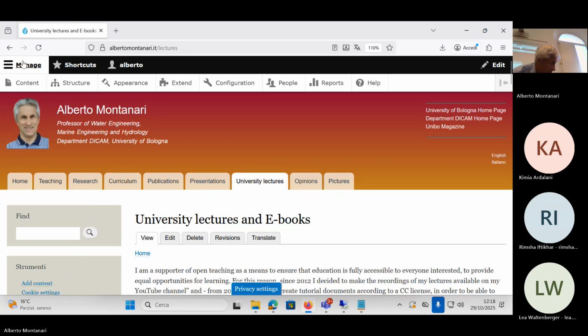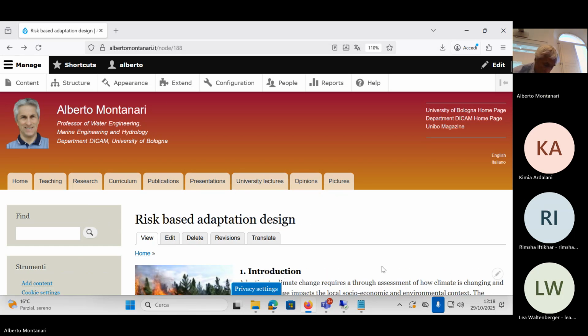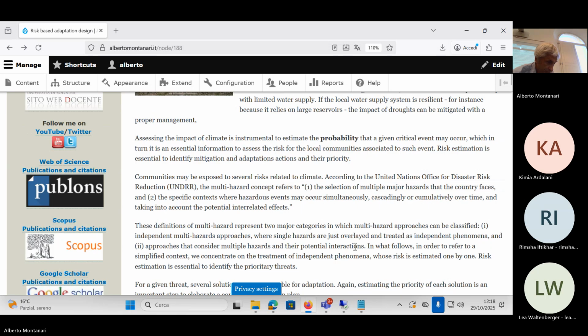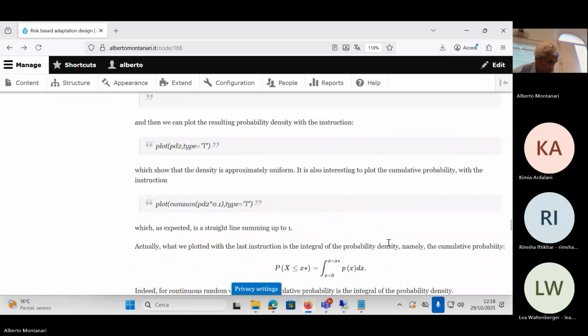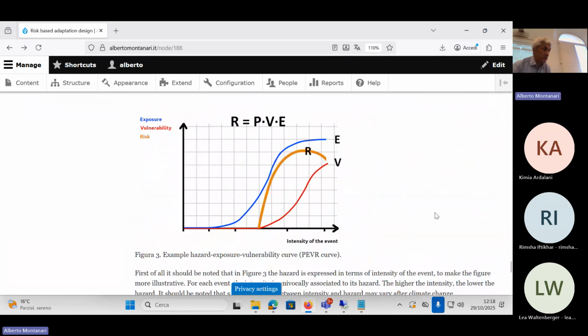Because this curve, if you remember, had a max. So what's the problem? The problem clearly is the fact that I use the probability of not exceedance. And actually, it's not decreasing for increasing intensity.